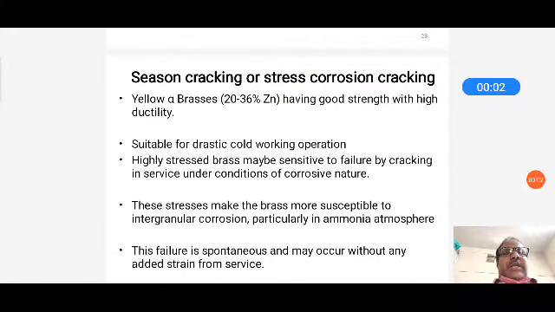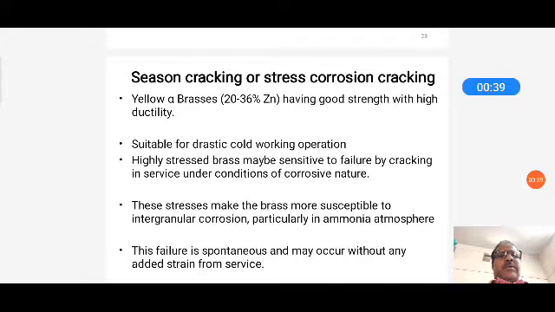Now season cracking or stress corrosion cracking. Usually these alpha brasses, in different applications, suffer with some difficulties because of bad environments, and these brasses are subjected to severe stresses induced during manufacturing or cold working processes.